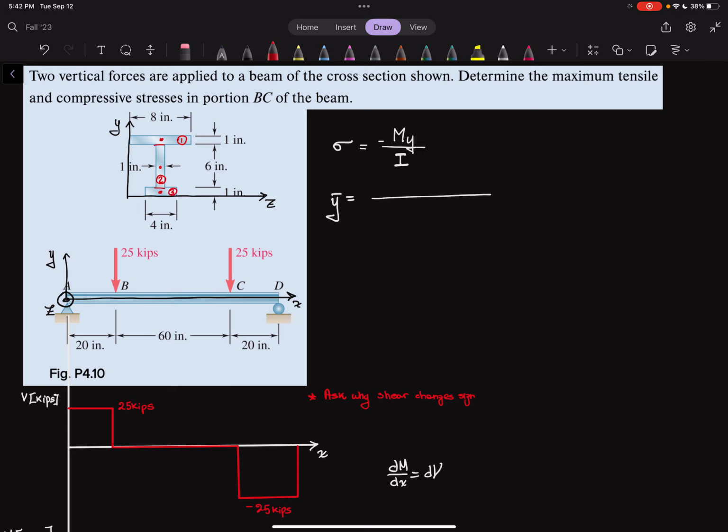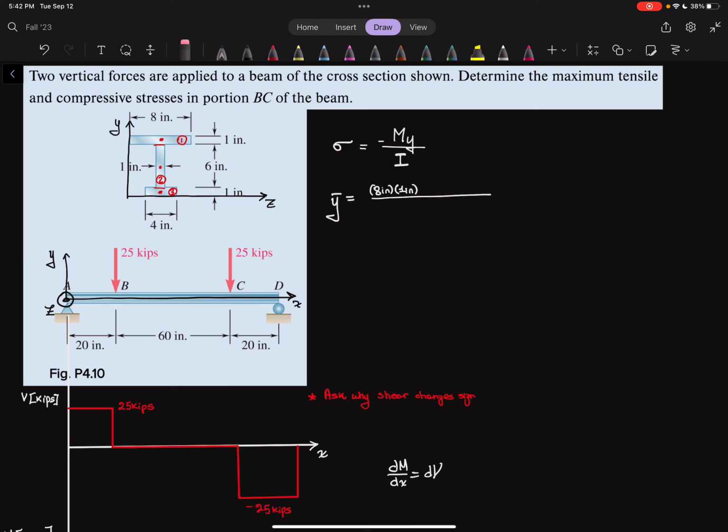We take the area of 1, which is 8 inches times 1 inch, multiplied by the y coordinate of the centroid for that specific rectangle from this z-axis that we drew over here, which is not the z-axis of the datum.